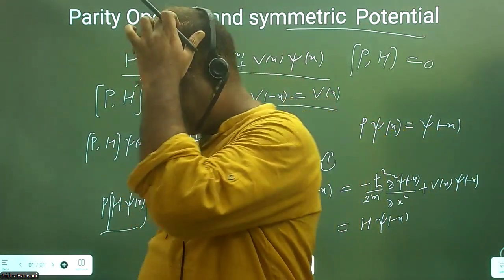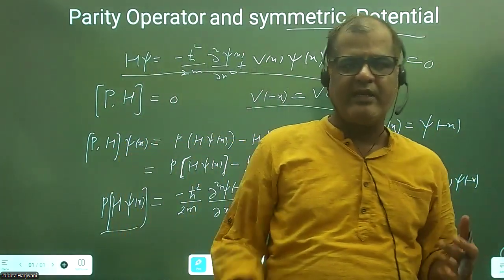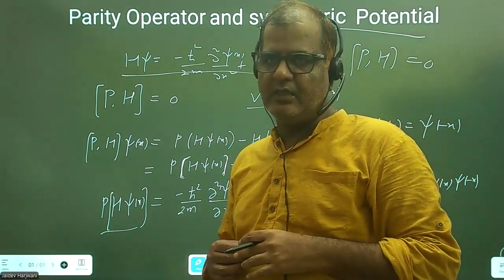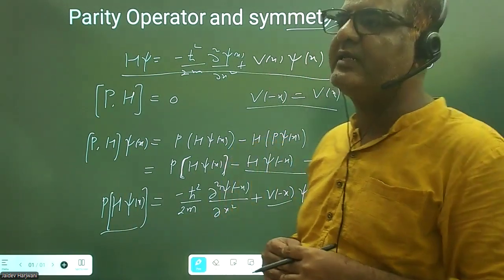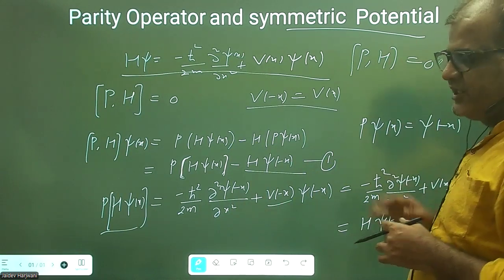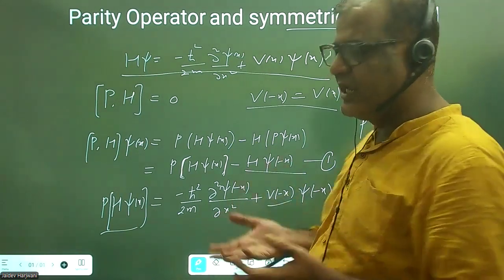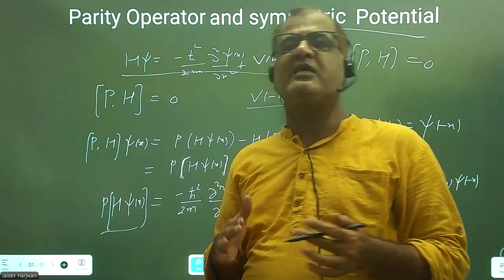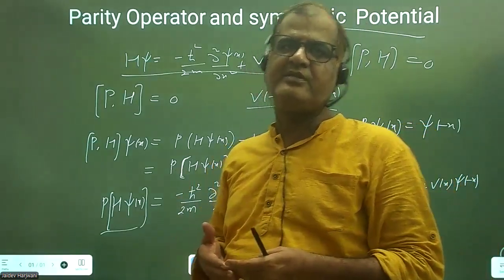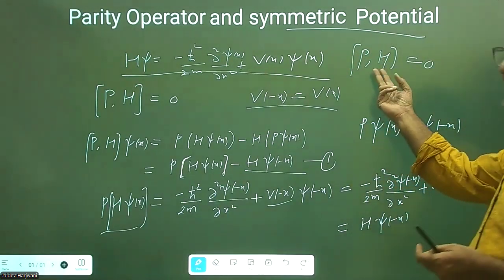Whenever two operators commute, they have simultaneous eigenstates. That means if I take the non-degenerate eigenstates of the Hamiltonian, those eigenstates will be either with even parity or odd parity, because both have simultaneous eigenstates.